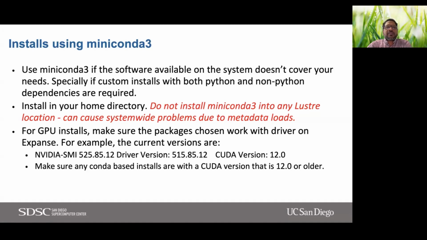So if you just blindly go get the latest version of a particular software, and maybe it needs CUDA 12.3, that's probably not going to work because the driver is not compatible. So whenever you're doing this, make sure you install a version that's compatible with our driver.